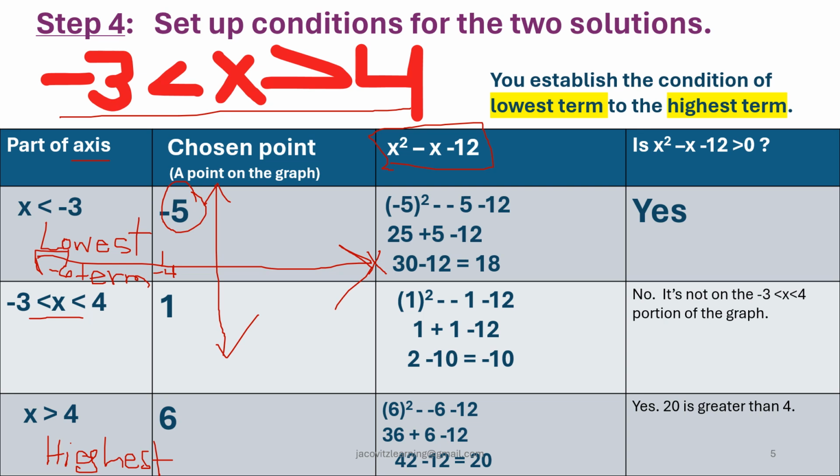This is squared. Negative 5 times negative 5 is positive 25. These two negatives become positive, and then this is minus 12 from PEMDAS. So you have 30 minus 12, which is 18. So yes, negative 5 fits the graph because it is certainly less, and it will work with the equation.